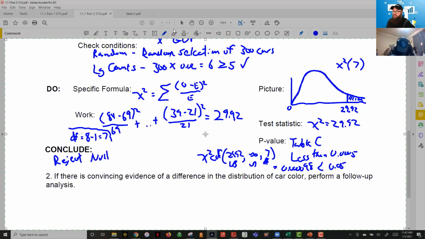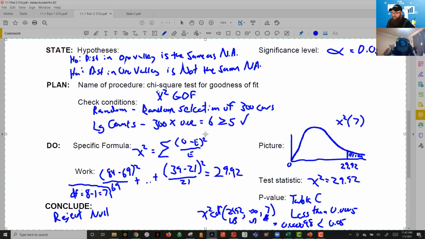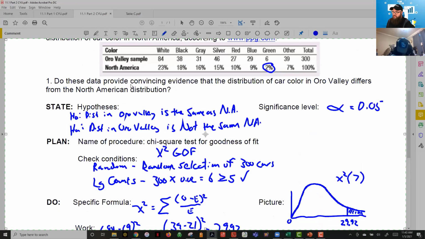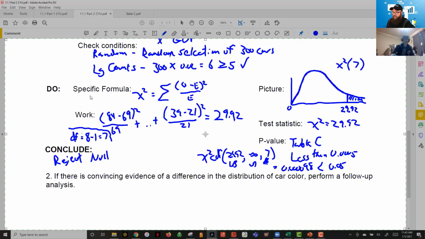You reject the null, so you're going to say that there is convincing evidence against the null. And so we reject the null and conclude the distribution is not the same as the distribution in North America. I'm not going to write that all out, since I don't have much space here to write.